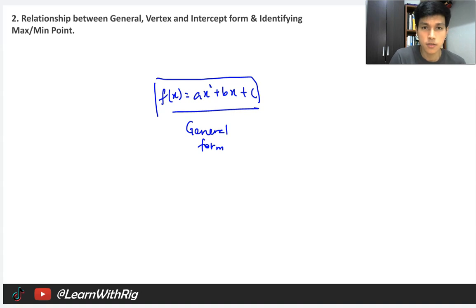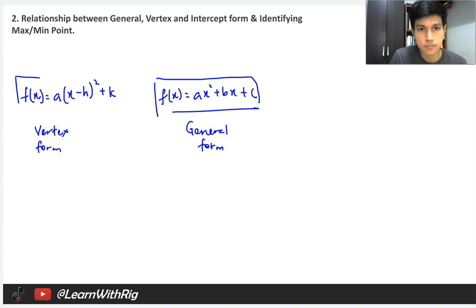The first one is vertex form. So I'm going to write here vertex form. It's going to look like this: f(x) equals a(x minus h) squared plus k. This is your vertex form. Now the question is, how do you convert? Okay, let us not talk about conversion first.